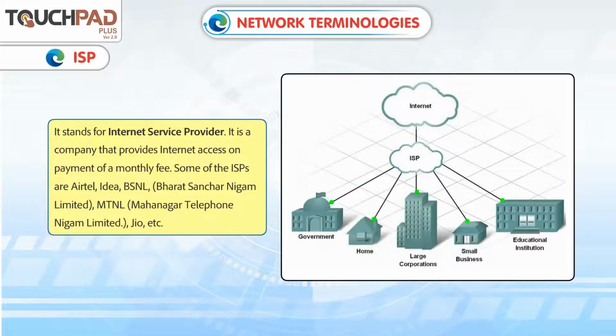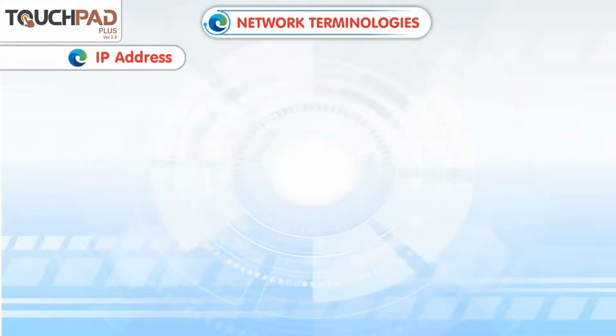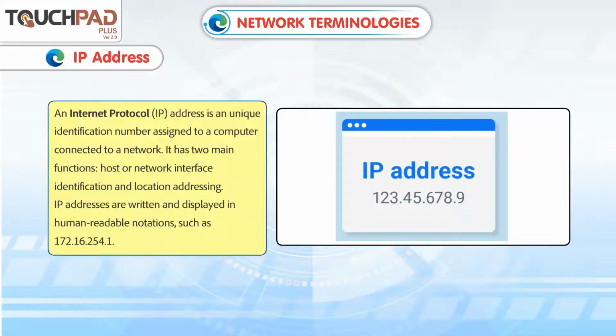Some of the ISPs are Airtel, Idea, BSNL, that is Bharat Sanchar Nigam Limited, MTNL, Mahanagar Telephone Nigam Limited, Jio, etc. IP address. An Internet protocol, IP address, is an unique identification number assigned to a computer connected to a network.